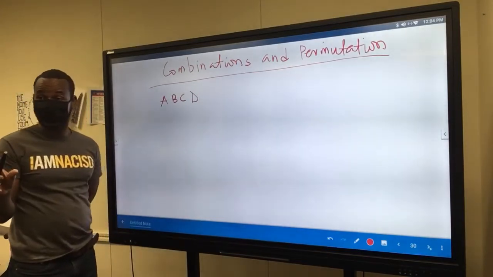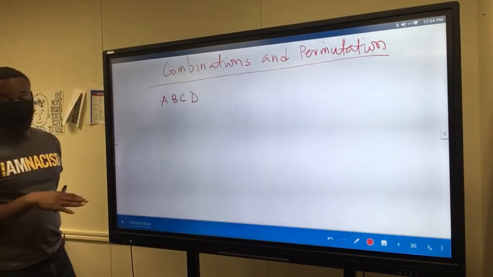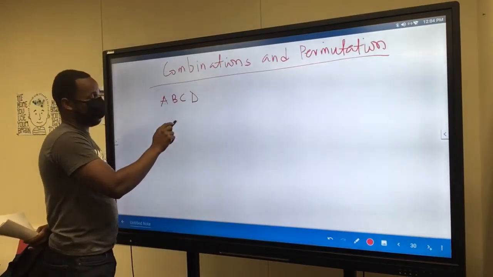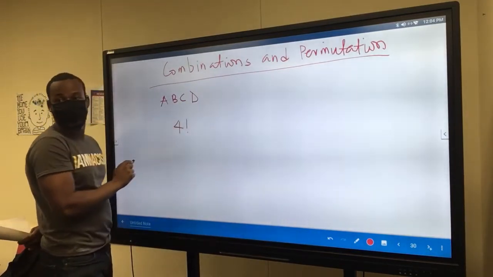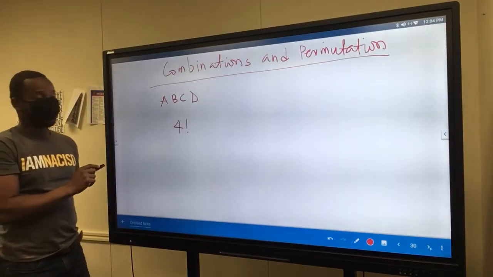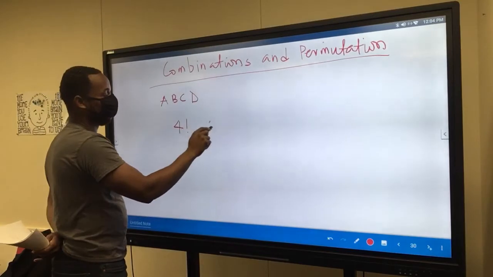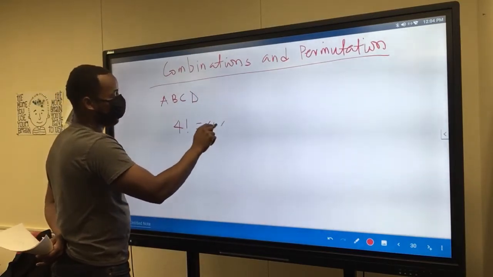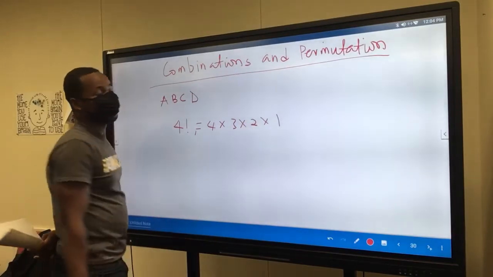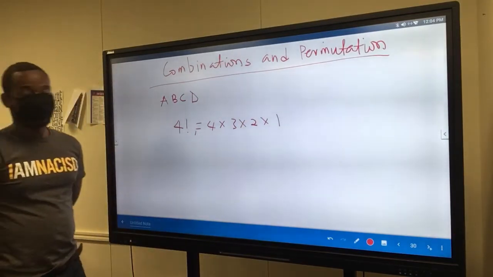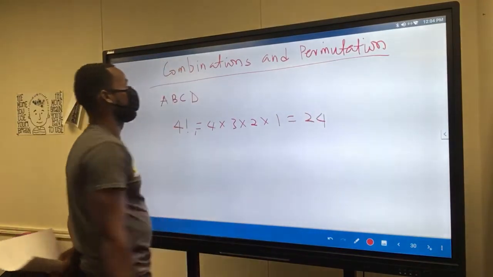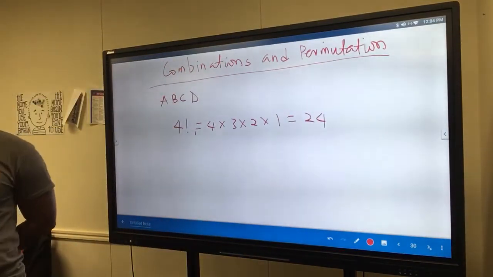Remember I said all, not two or one. All at a time. We do that by saying it's 4 factorial. We can arrange that in 4 factorial ways. 4 factorial is the same as 4 times 3 times 2 times 1, and that will give us 24. So this is called the factorial method.